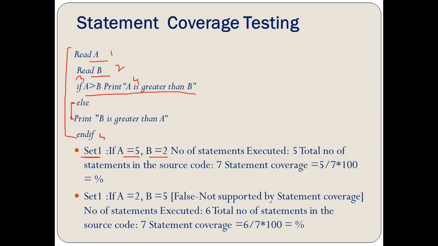And end if, 5. So we have executed 5 statements, while in the source code, we have 2 more statements. We have 7 statements. So what will be the statement coverage? Statements executed in our test case is 5. Total statements we have is 7, multiplied by 100. This gives us the percentage of statements executed in the test coverage, right?